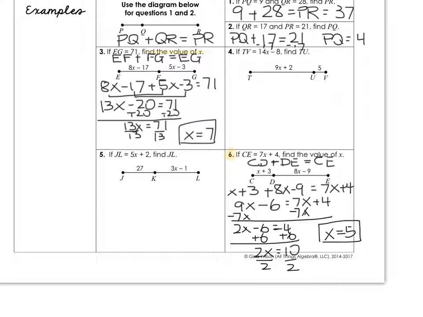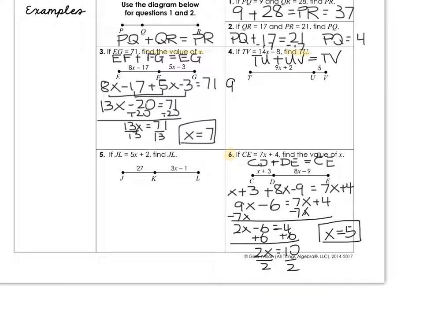Okay, so now let's look at the next type of problem. It says find TU. So this time we're going to go beyond just solving for x. Again, let's write down our segment addition postulate. It says that TU plus UV equals TV.